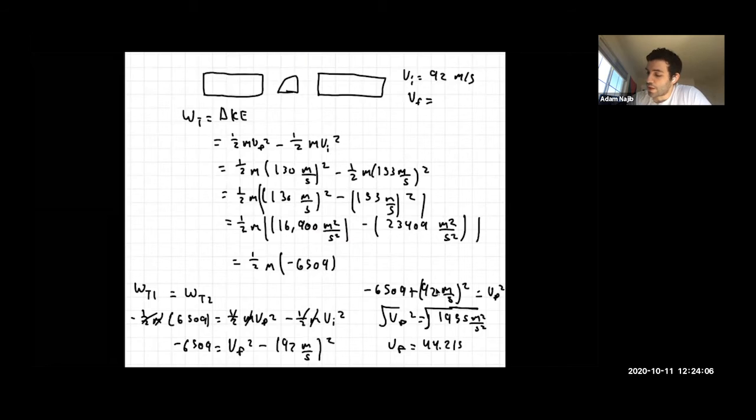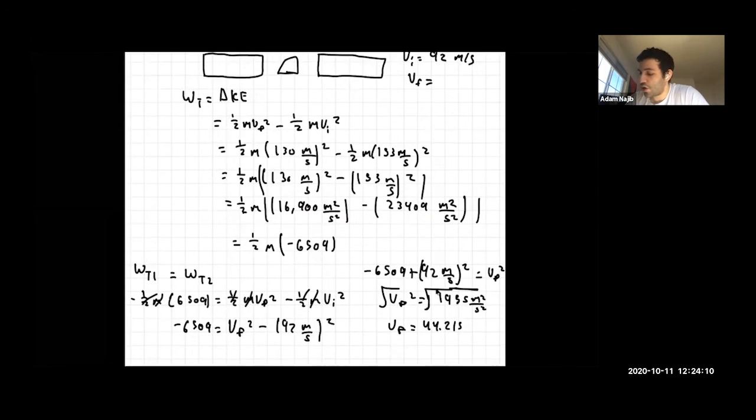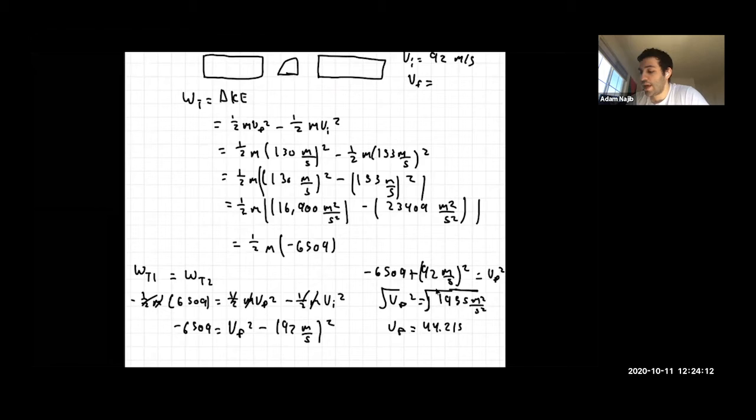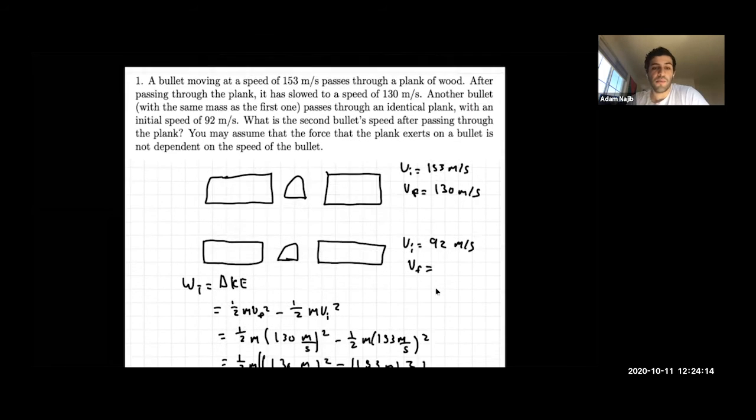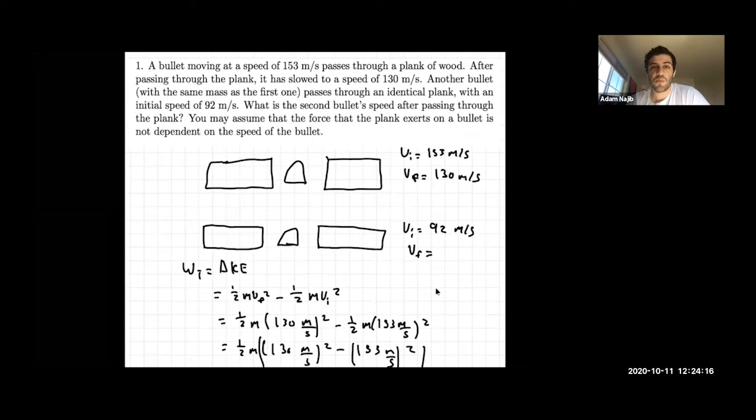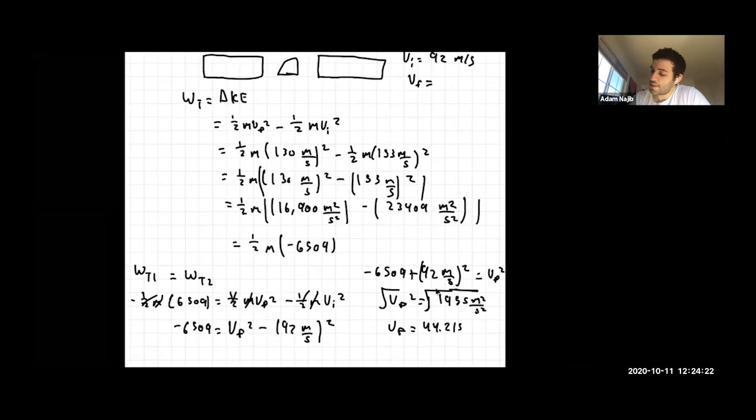There was multiplication done throughout this question, so I most likely have to use the one with the least amount of significant figures, which ends up being the 130 and the 92. So my answer should have two sig figs: 44 meters per second.